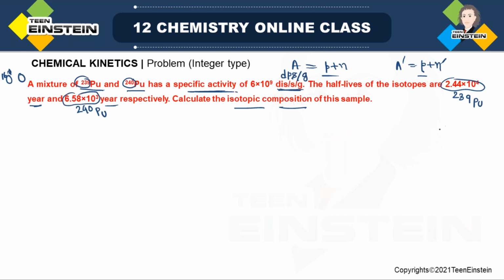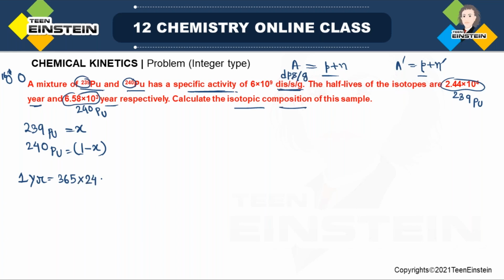Now we will consider 239 Pu, its amount is X, X percentage you can say. If it is X, then 240 Pu will be 1 minus X. Now here, 1 year we have to convert to seconds. 1 year is 365 days. Days to hours, you multiply with 24.